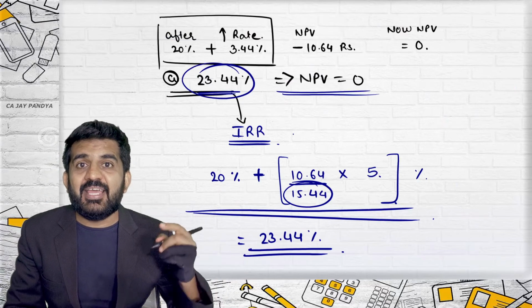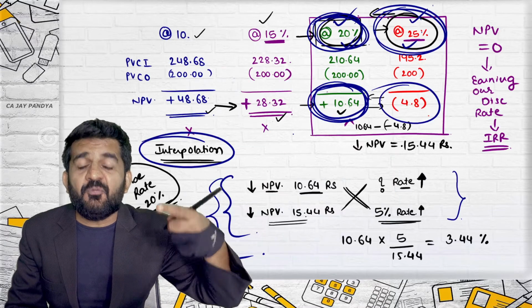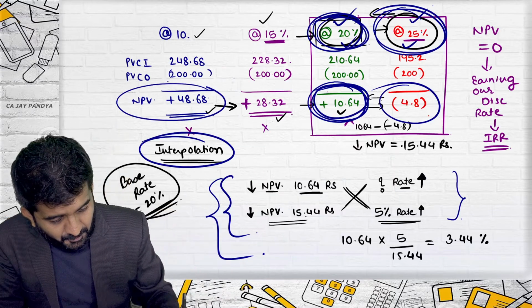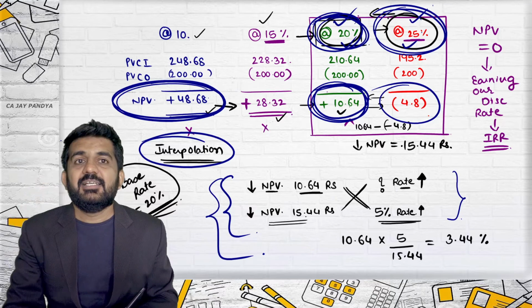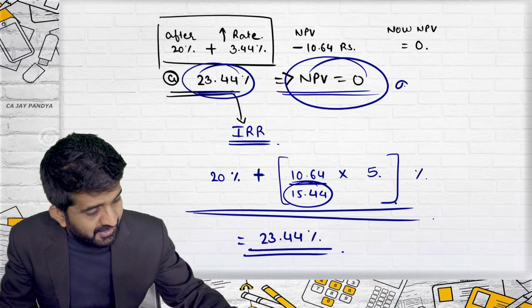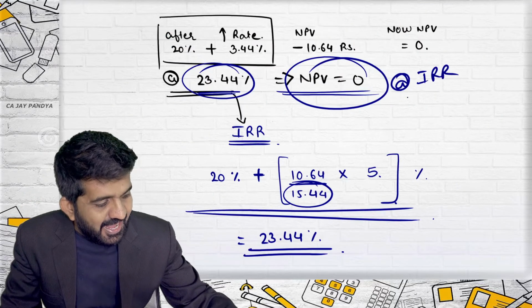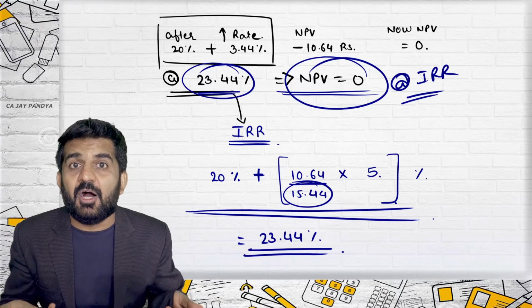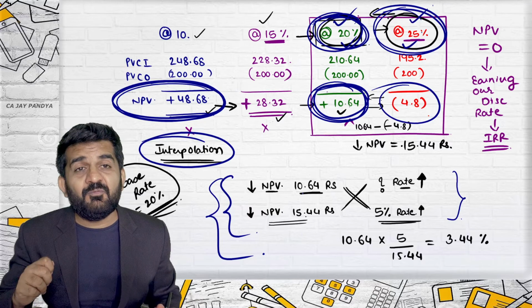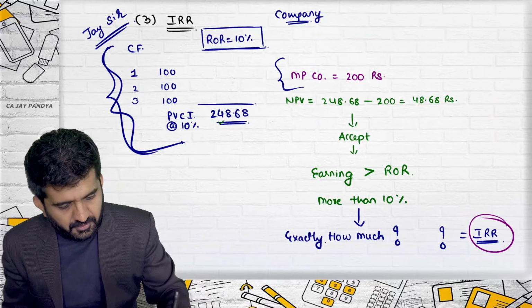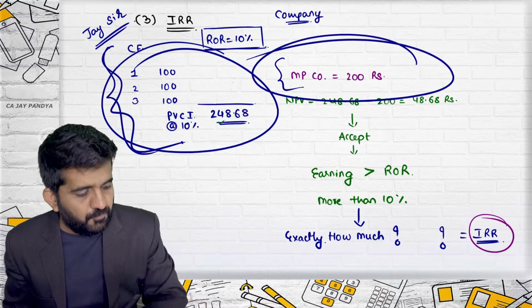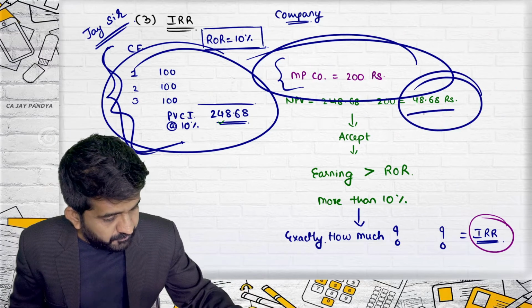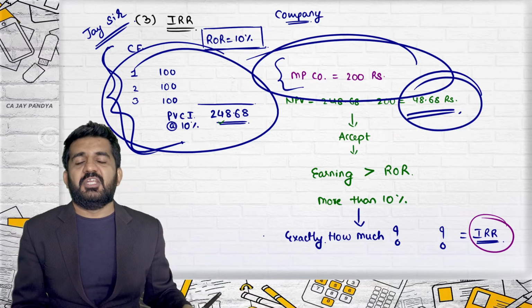But when I say what is NPV of your project, NPV of your project is this. This is NPV at IRR. NPV at IRR will always be zero. That is what you are finding out. But when someone asks you, this is a project where cash inflow is this, cash outflow is this, find out NPV of the project, it is 48.68.